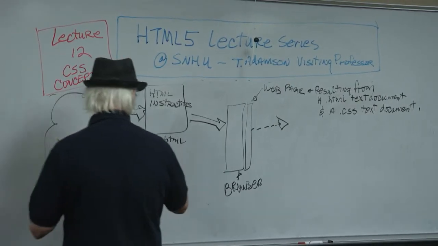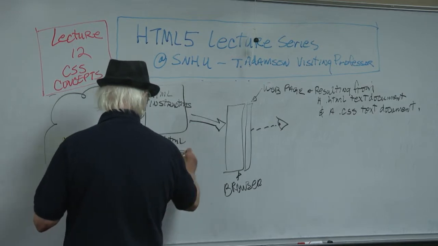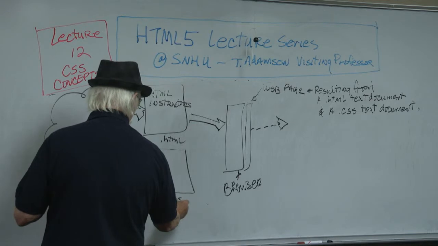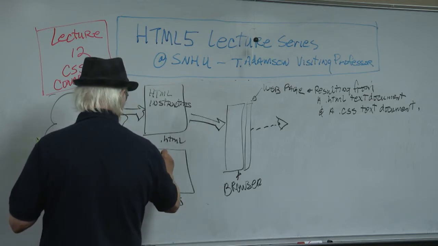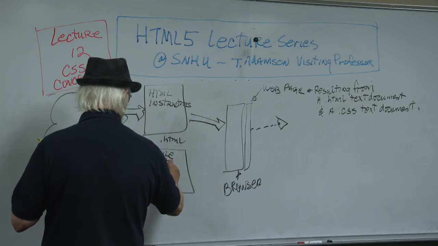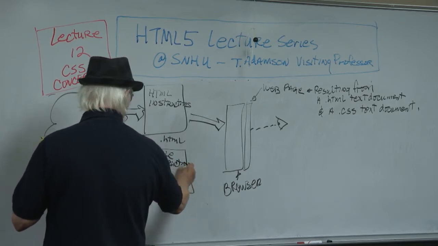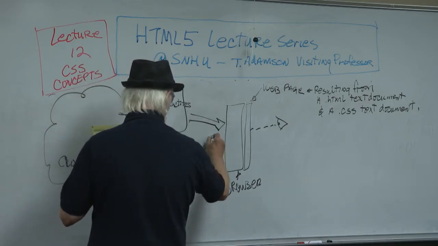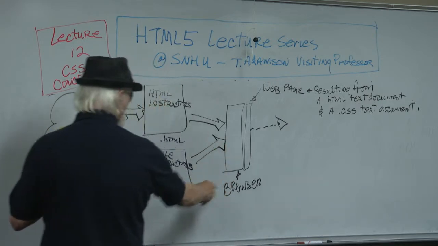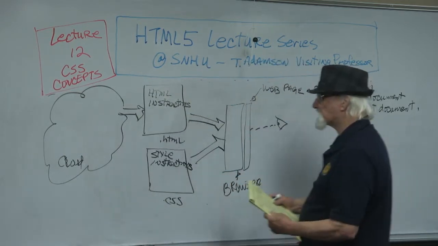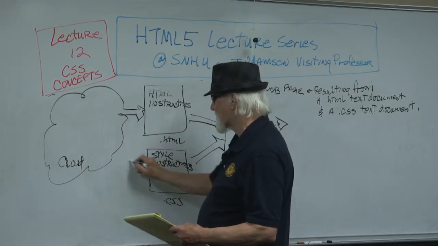But I also now have another text document with a .css extension, and this contains style instructions. And this is also going to the browser. The browser uses both of these. And this also is coming from the cloud.